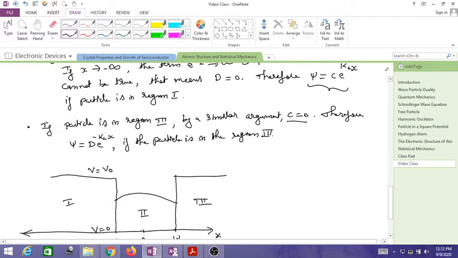And in region 3, where psi is equal to d into e power minus k2 x, when I substitute positive values of x as the particle moves in the positive direction, again I get a decaying exponential in region 3, like this.